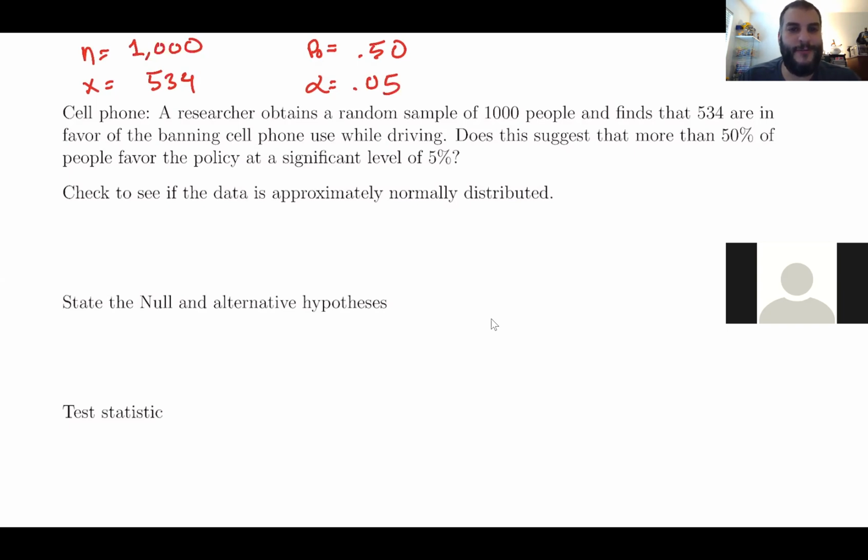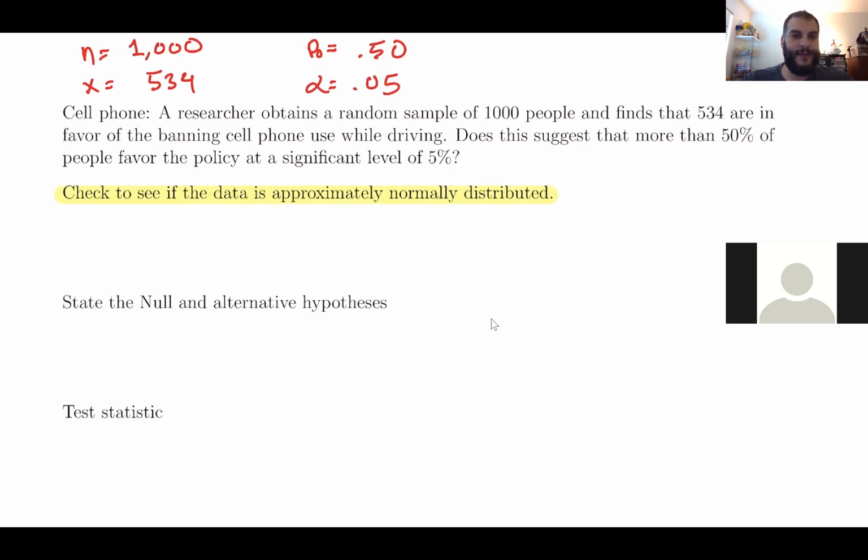All right, so the first thing we're going to do is look at the first step, which says check to see if the data is approximately normally distributed. For this one, we just want to use the central limit theorem because the original problem does not state that our distribution is normal.